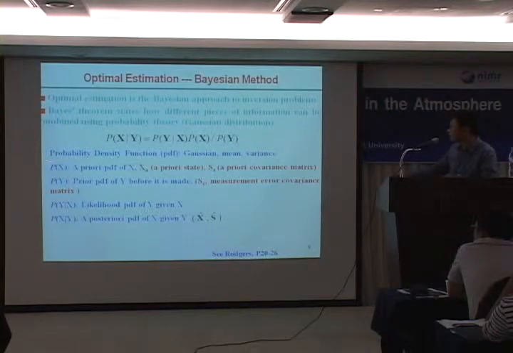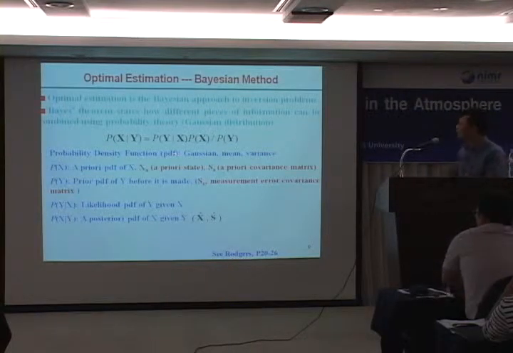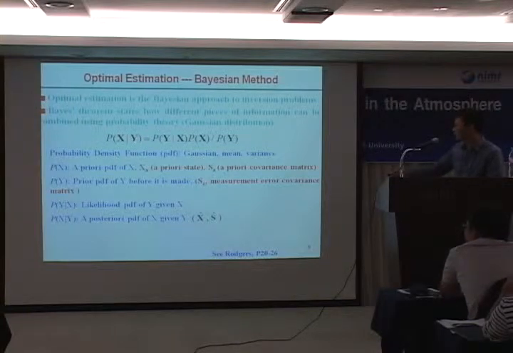The PDF stands for the probability density function, which, being Gaussian, can be described by the mean value and the variance of the distribution. According to this, this is our goal: given a y, given a set of measurements, we want to find the x. This is called the a posteriori PDF.